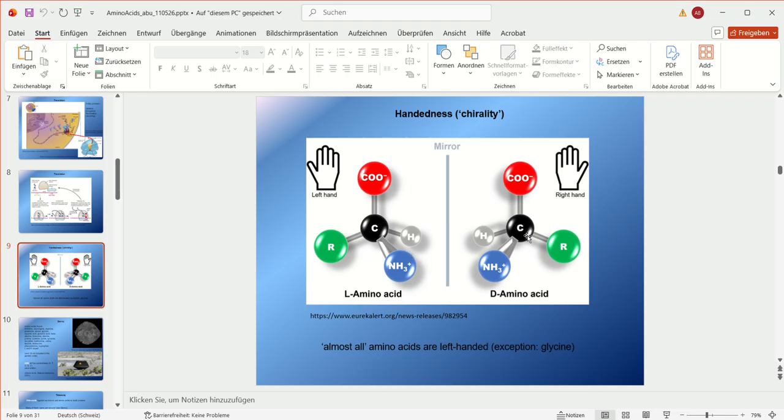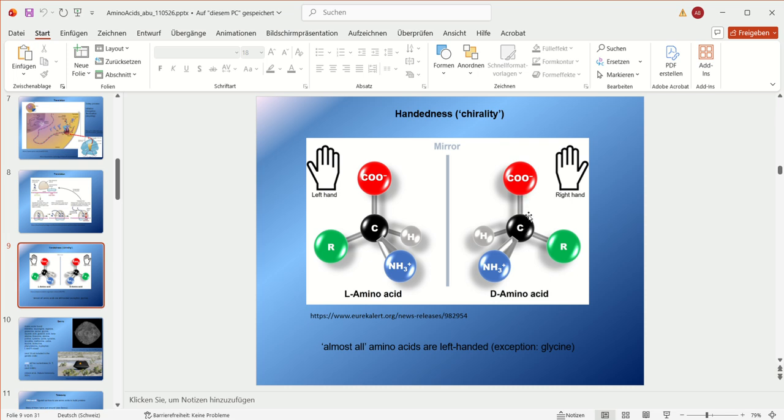So if you look here, they just put the carbon and the acid rest on a line, and then you can see that one time the amino goes to the right and one time it goes to the left, and the rest goes to the left and here goes to the right.